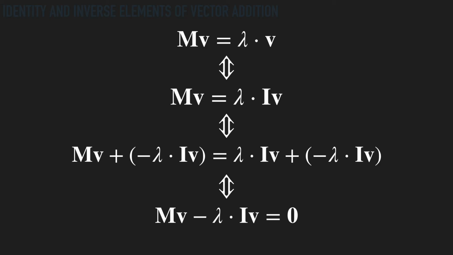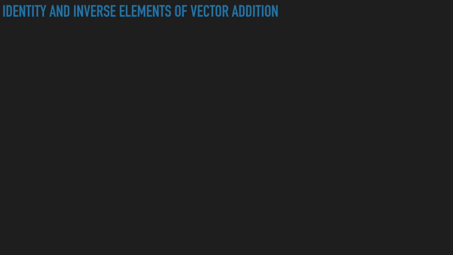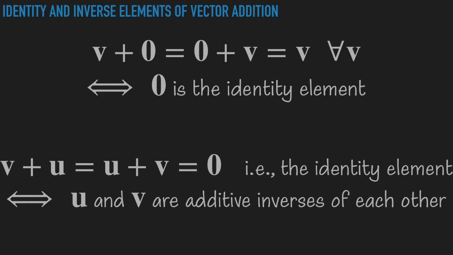It is the unique vector that on adding to something else doesn't change that something else. Due to this property, we fancifully call it the additive identity of vector addition. And the pair of vectors that add together to give us this zero vector are called additive inverses of each other, and these two are unique. This is their general definition.